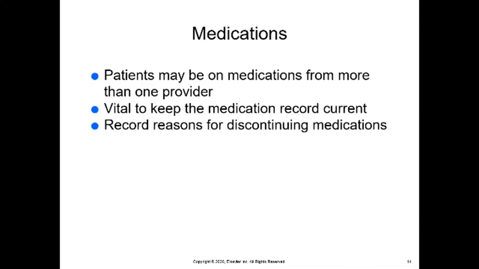So that's there for your review. Okay, patients may be on medications from more than one provider. It is vital to keep the medication record current and record reasons for discontinuing medications. You're going to be learning about this in EHR exercise 5.6 and 5.7.